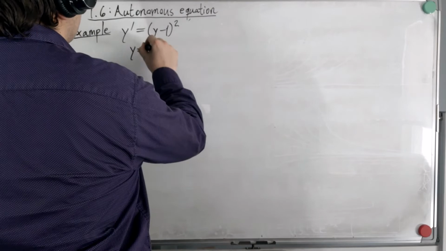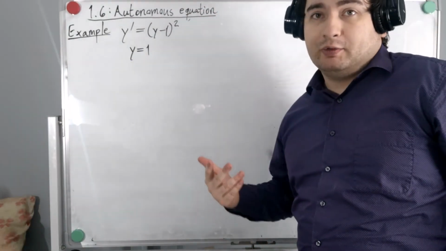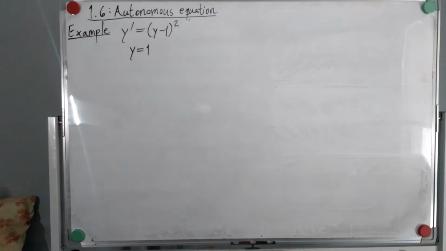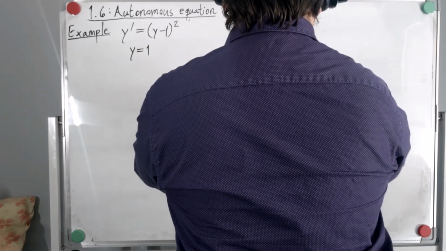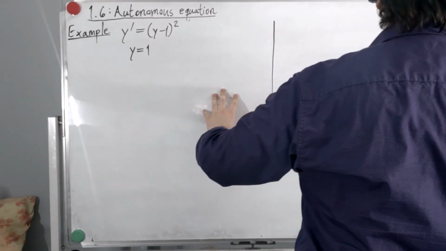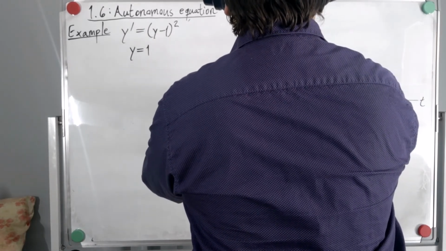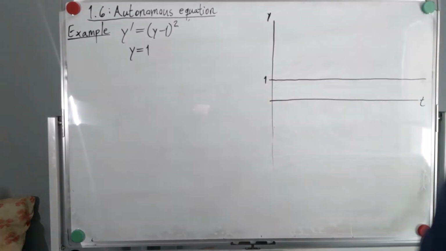Y equals 1 is the only value of y that would give us the right-hand side being 0. So, the t-axis and the y-axis, and let's mark y equals 1 right here. So that's an equilibrium solution.